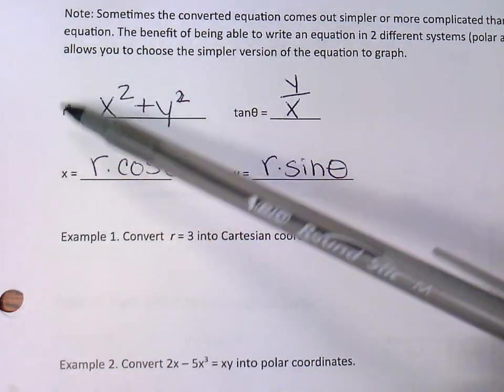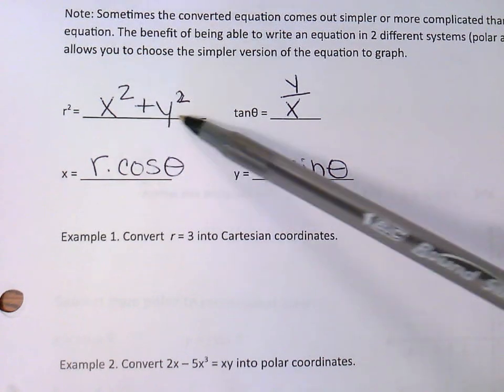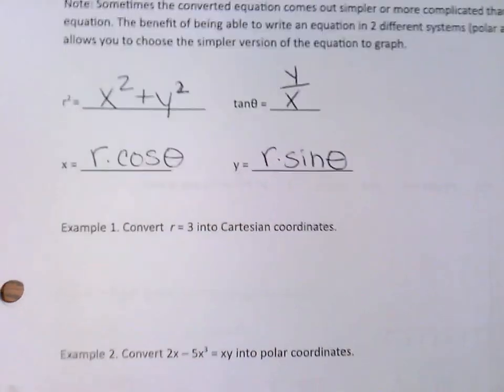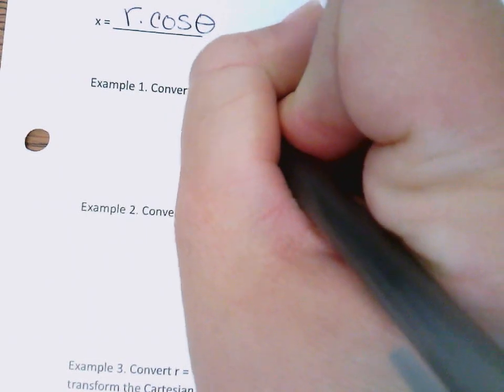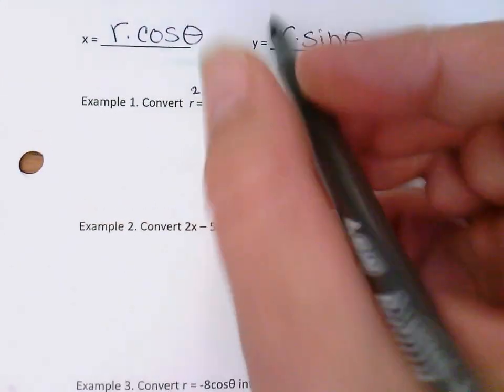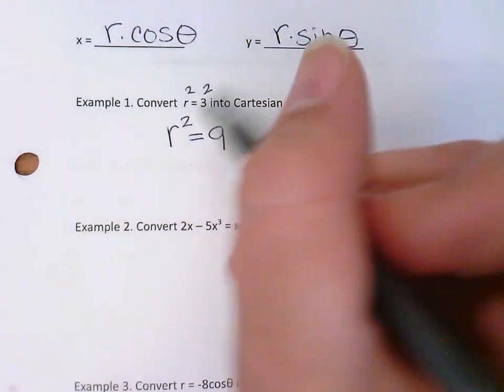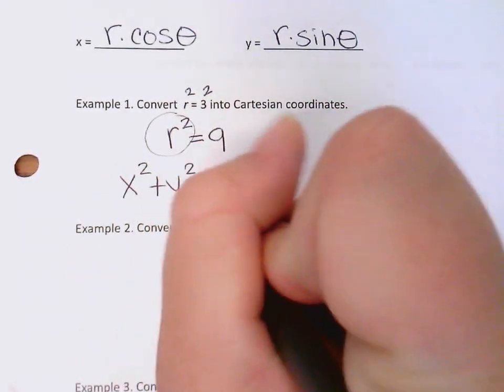And if I have r squared in the formula, can't I replace that with x squared plus y squared? So sometimes you'll have to do a little bit of algebra. So in this case, I'm just going to go ahead and square both sides of the equation. So I would have r squared equals 9. Can I substitute in for r squared, x squared plus y squared?